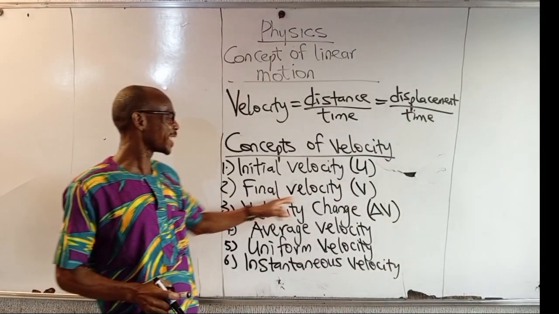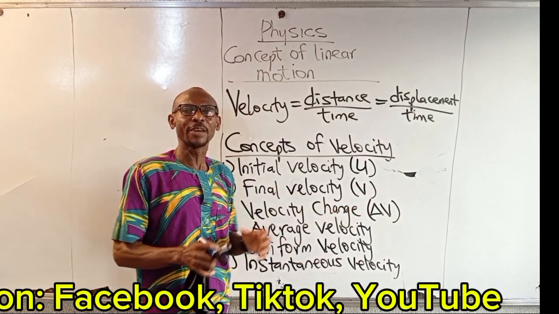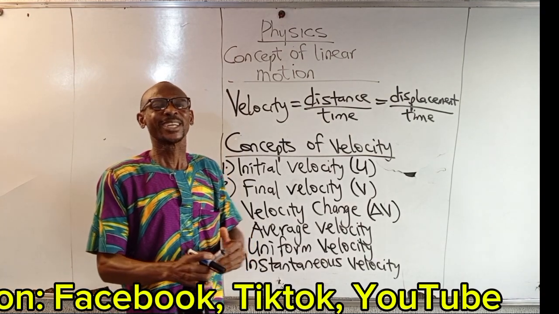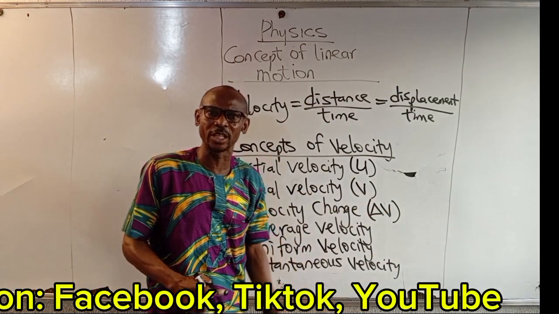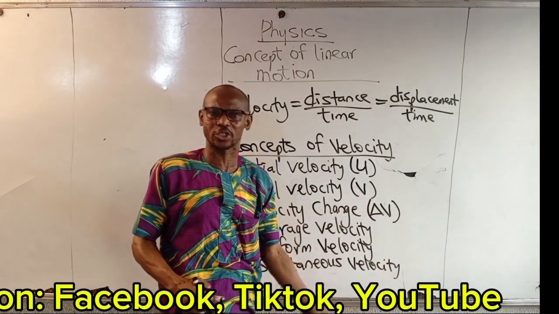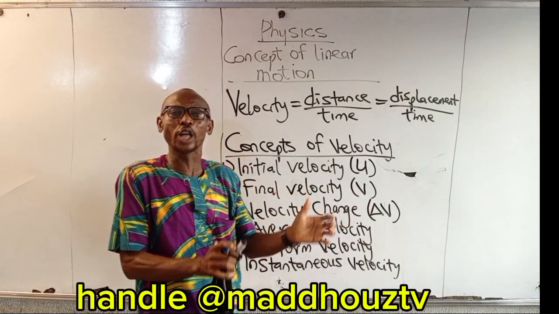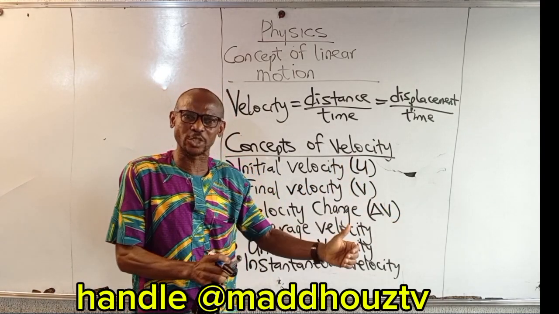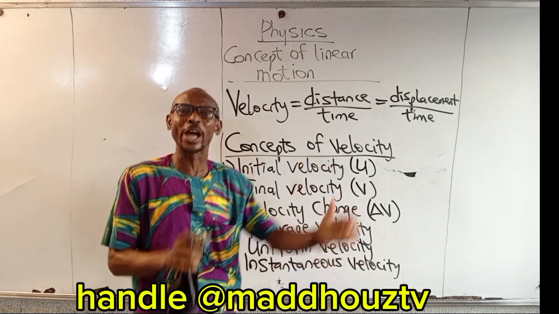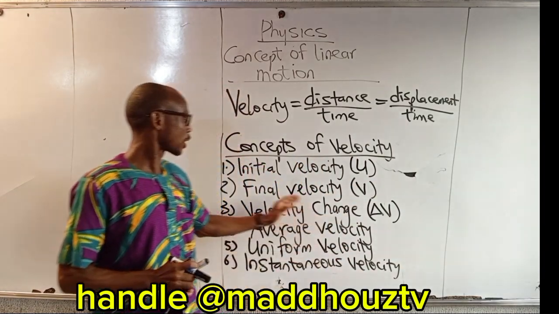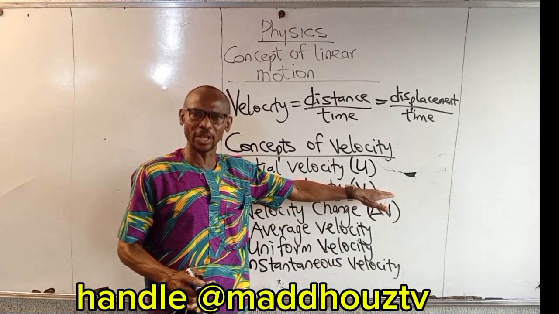Then we have the final velocity. The final velocity is the terminating velocity or the end velocity of a body in a given motion with regards to two reference points. That is called our final velocity.